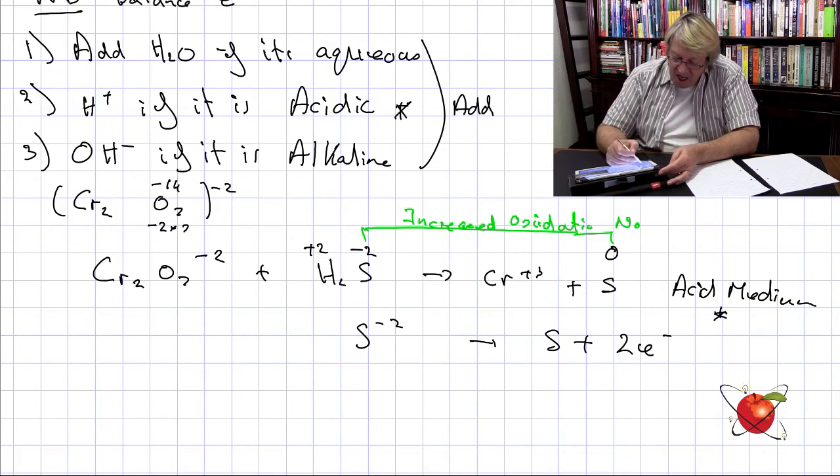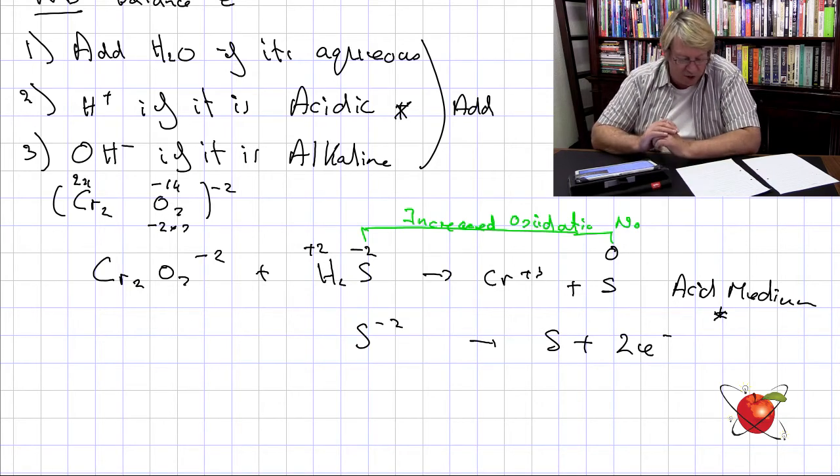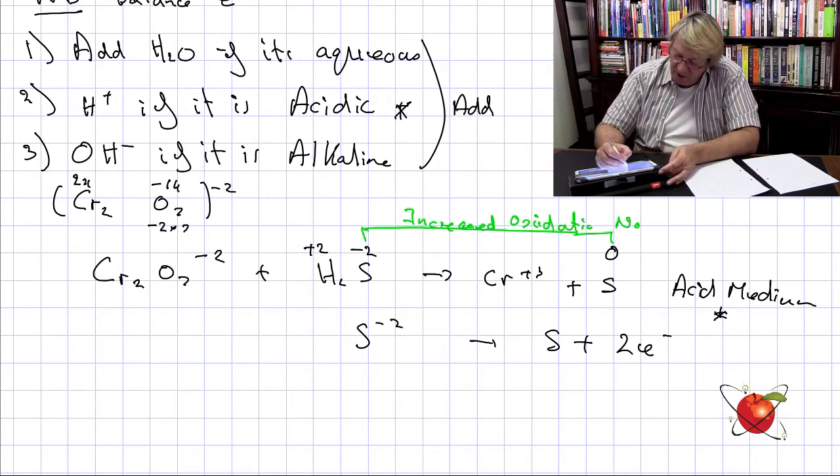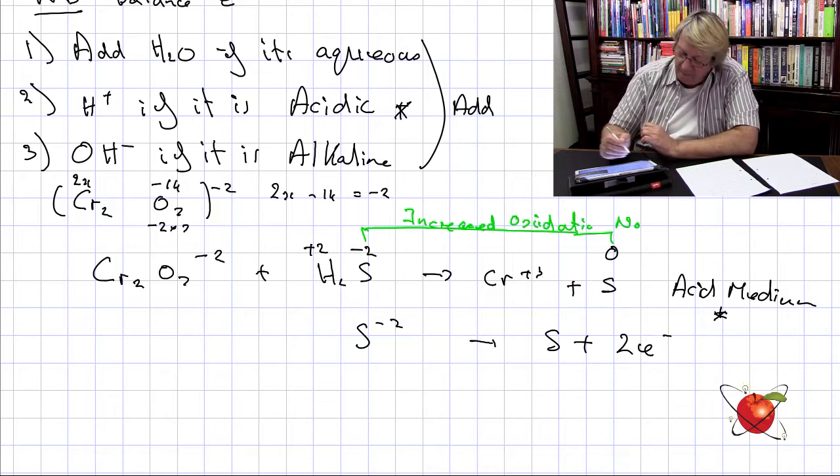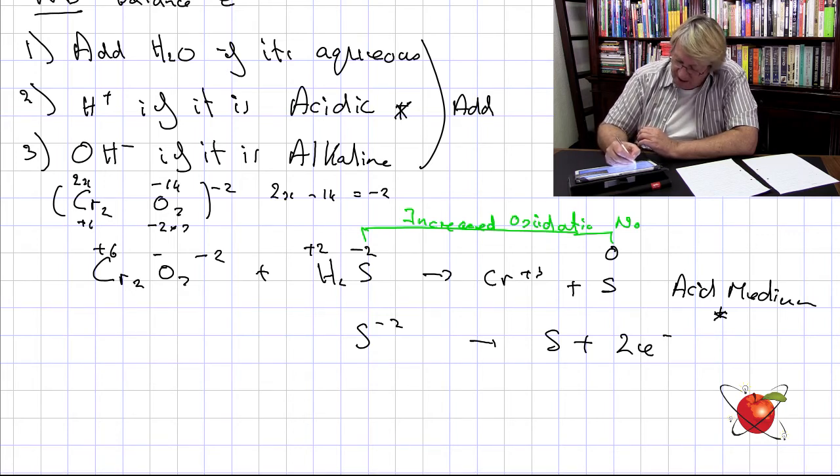All right? Now, therefore, the chromium 2x minus 14 must equal minus 2. So we say 2x minus 14 must equal minus 2. Therefore, we get the chromium coming in at plus 6. So let's put him in as plus 6. And the oxygen is going to be minus 14.